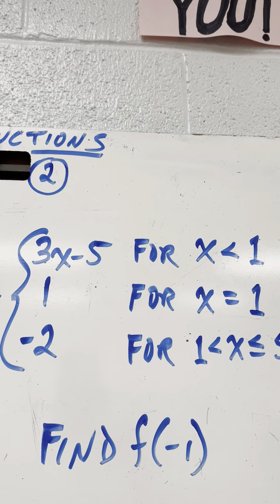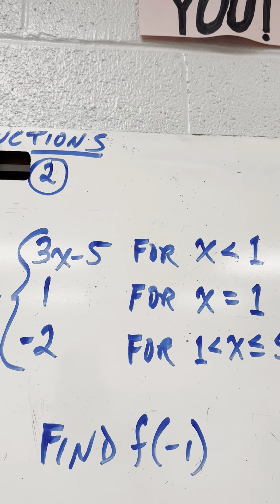F of negative 3 would be here, negative 3. By the way, what is f of 2? Look, there's no graph at f of 2. Here's 2. There's no graph here. So your answer would be undefined. Undefined. Okay?